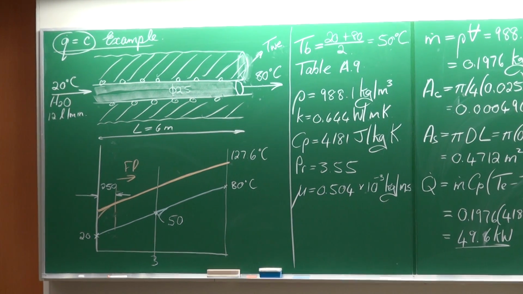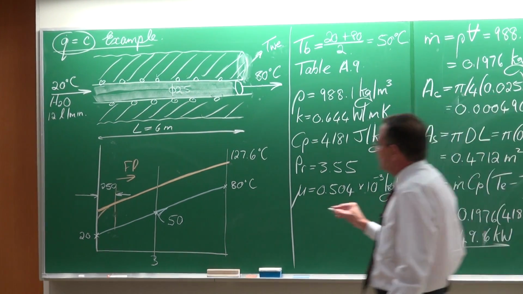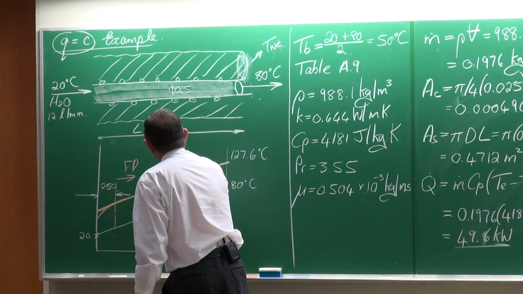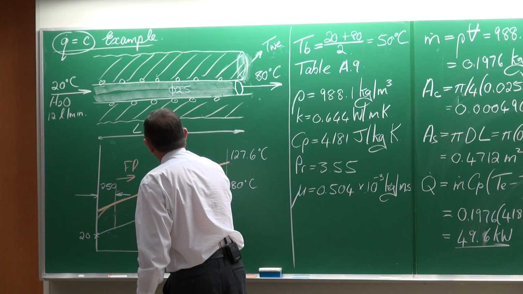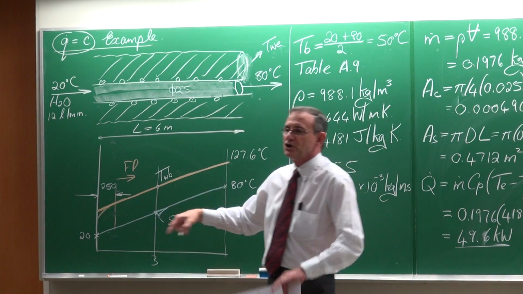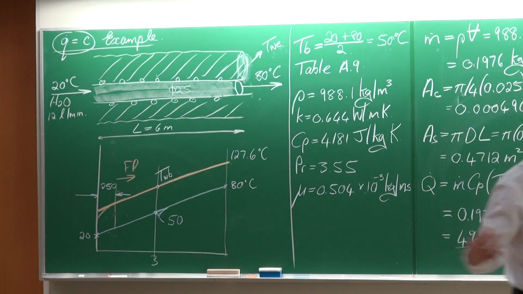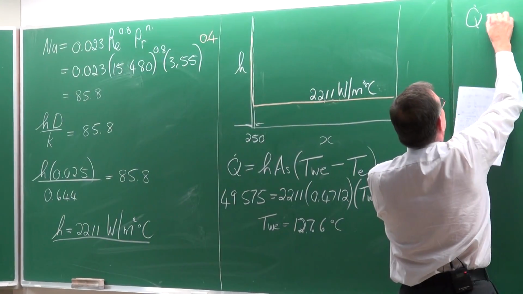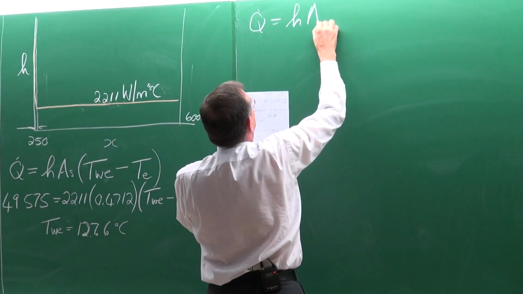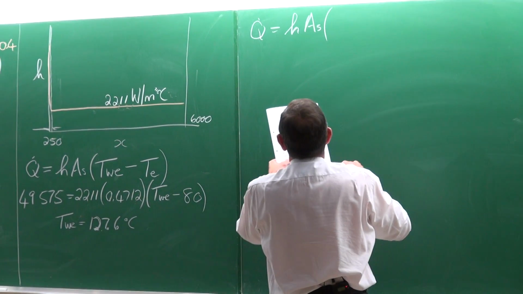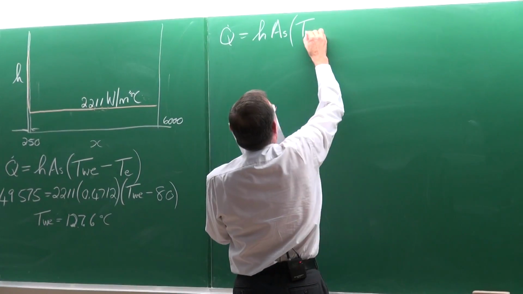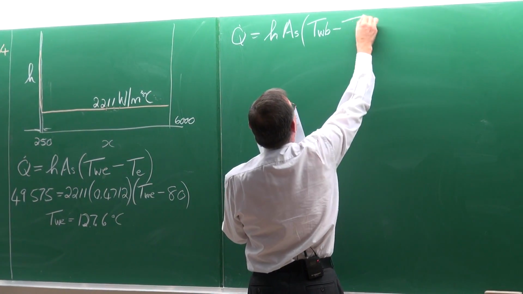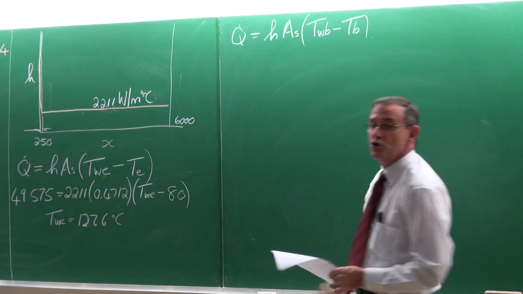We can go and do the same if we now want to determine the temperature here. The temperature of the wall at the bulk temperature, which is in the center of the tube. So we can write the heat transfer rate is equal to the heat transfer coefficient multiplied by the surface area multiplied by the wall temperature bulk minus the bulk temperature of the fluid.